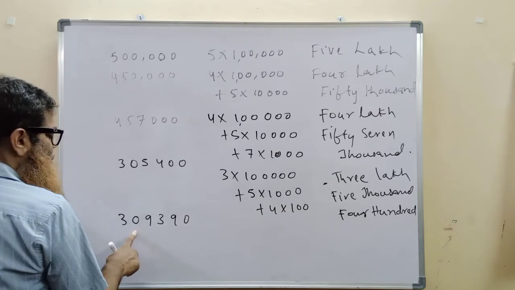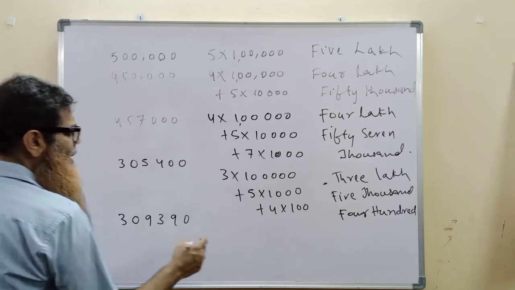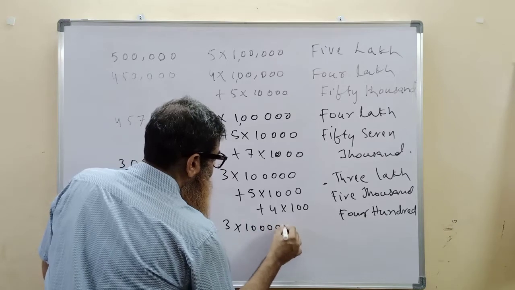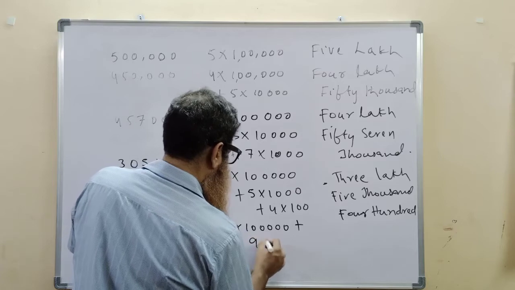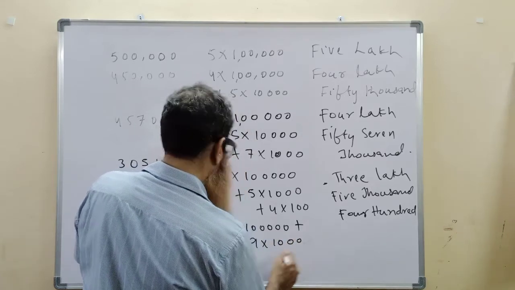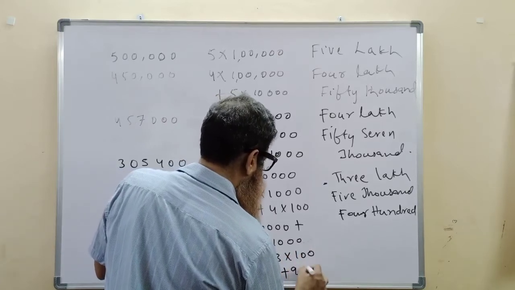9,390. Then 0 in 10,000 place. So it is 3 lakhs 9,390. 3 into 1 lakh plus 9 into 1,000 plus 3 into 100 plus 9 into 10.